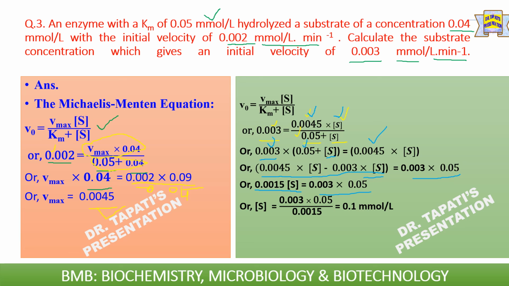So we can find the value for S, the substrate concentration, which is equal to 0.003 divided by 0.0015, which is equal to 0.1 millimole per liter. This is the answer for the substrate concentration, 0.1 millimole per liter.